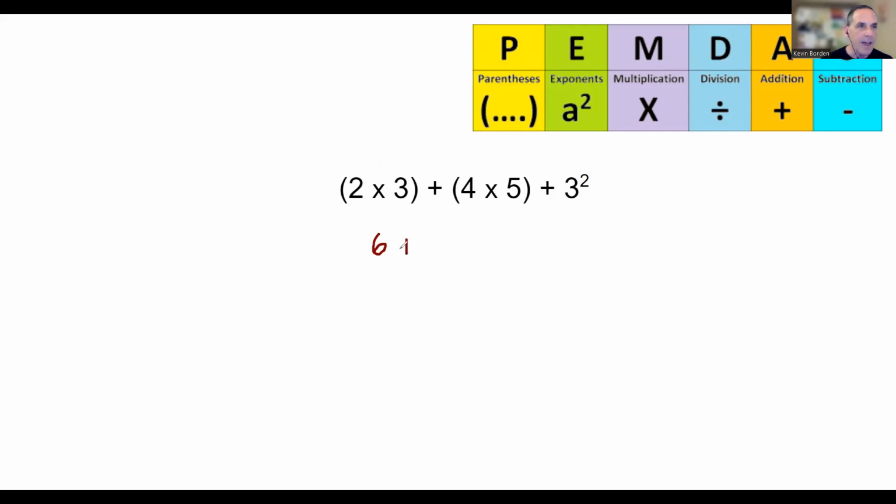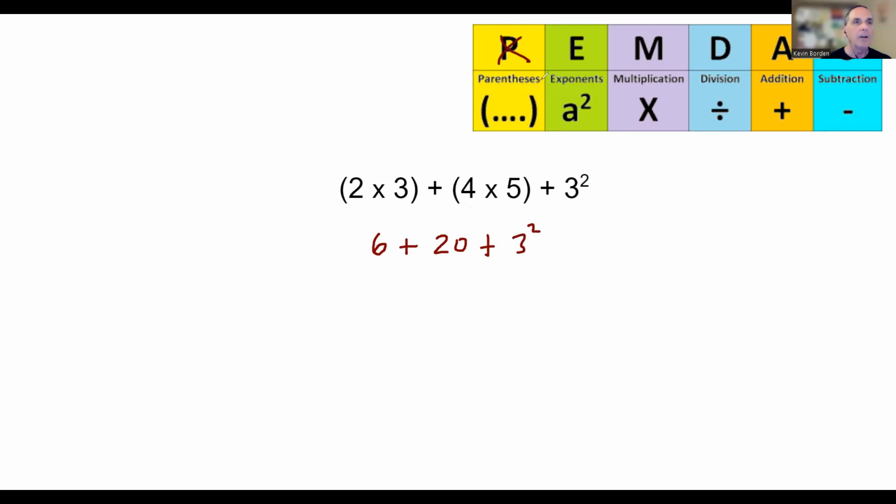And then we're going to add whatever is in this parenthesis, and we can simplify that at the same time. We don't have to do these exactly one at a time. So what is 4 times 5? Well, that's just 20. And we are still now adding 3 to the second power.